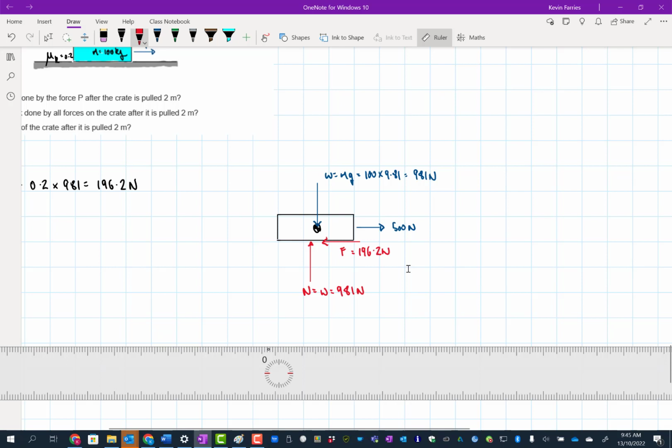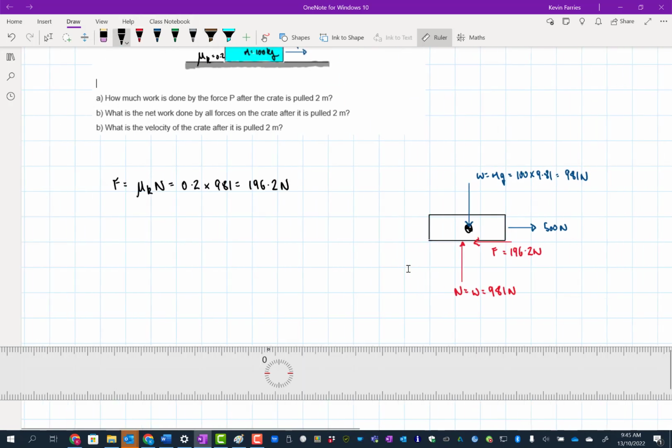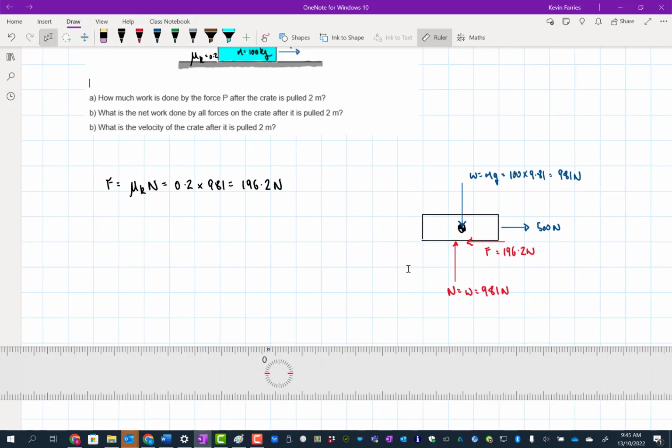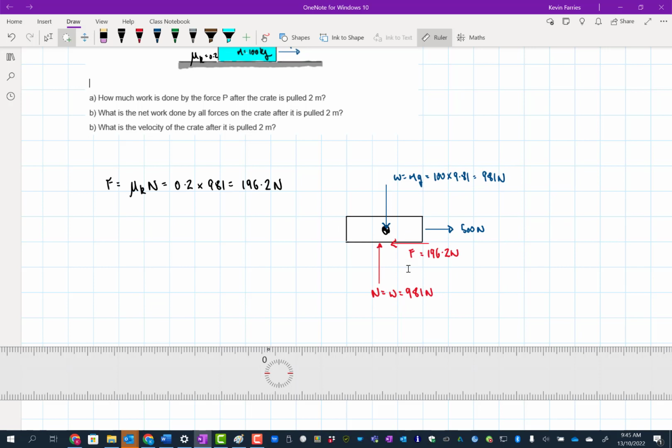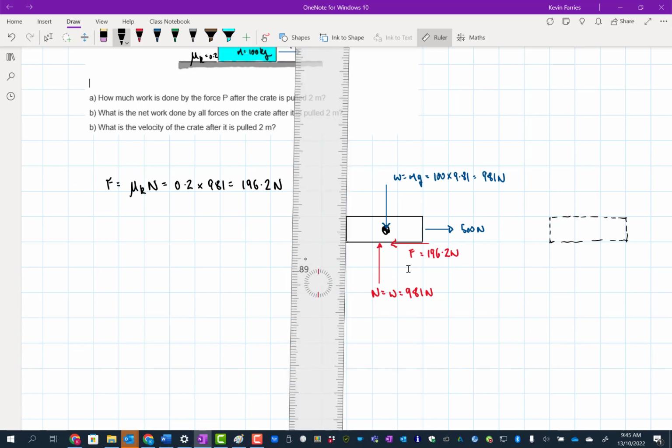It's going to move 2 meters. You don't have to do this in your working, but it's going to end up here. And that distance is 2 meters.